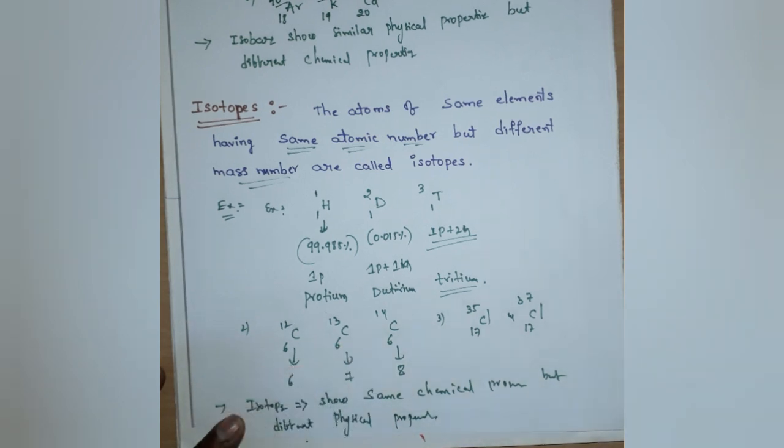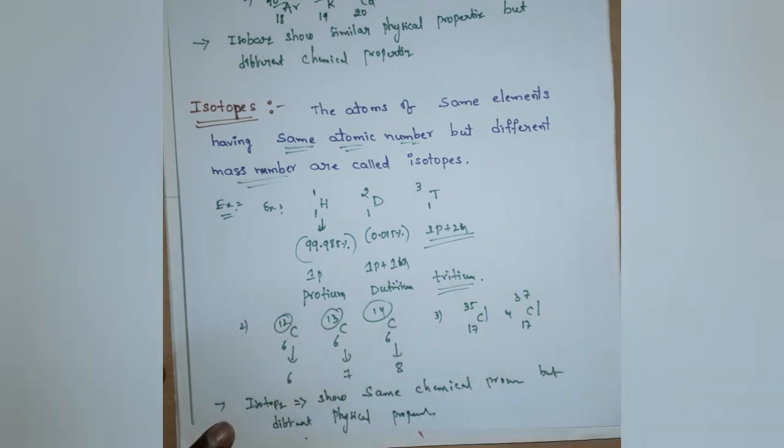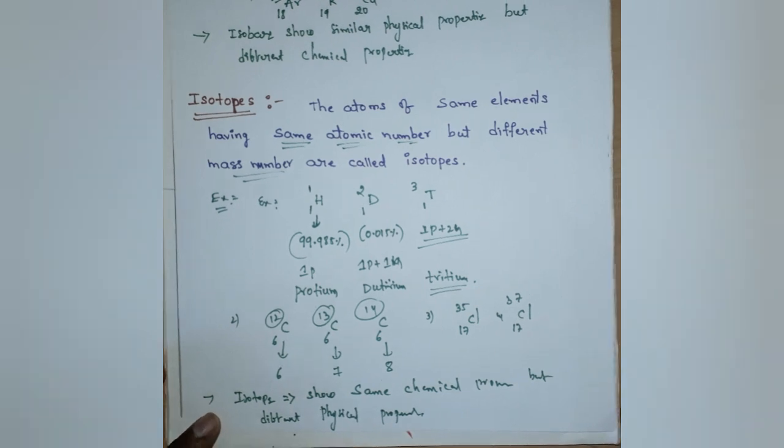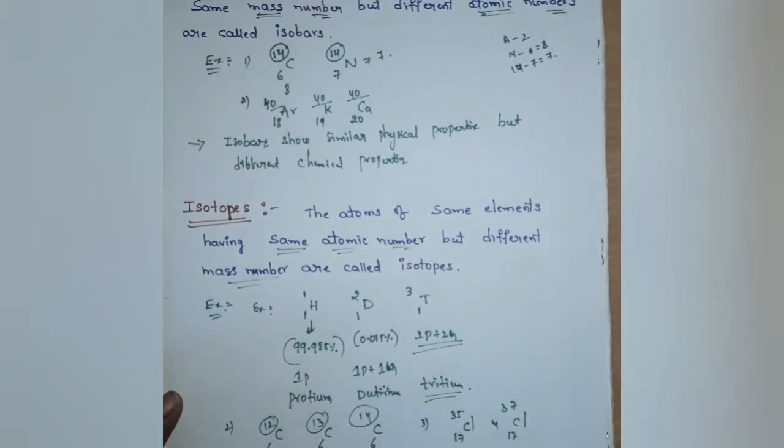Chemical properties depend on the number of electrons present in an atom. That's why isotopes show the same chemical properties but different physical properties. Why? Because physical properties depend on mass number. Here the mass number is different, so they show different physical properties. This is the information about isobars and isotopes.